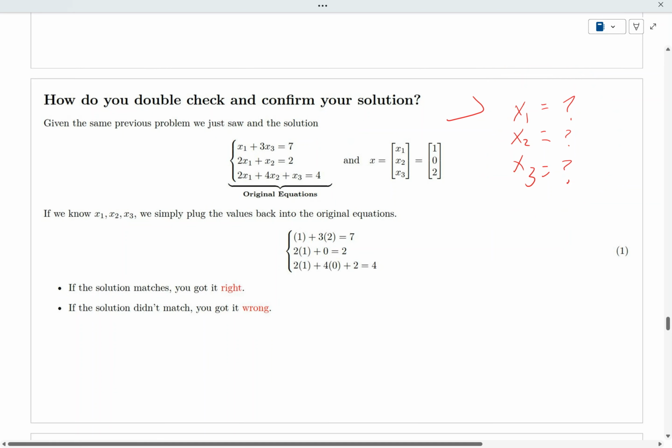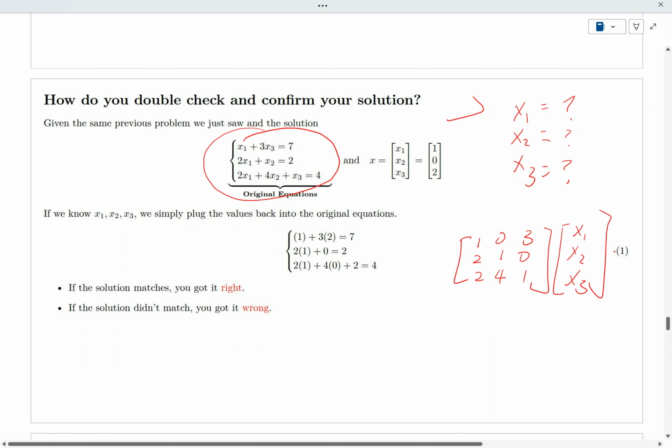Yes, you can, because this right here is equivalent to the matrix 1, 0, 3, 2, 1, 0, 2, 4, 1 times x1, x2, x3 equal to 7, 2, 4.